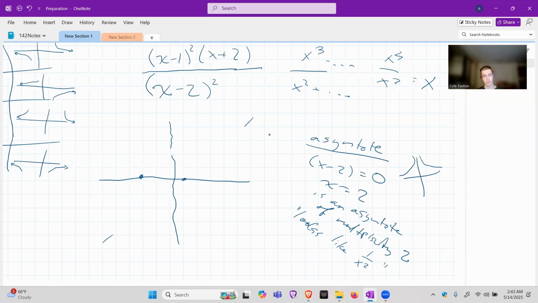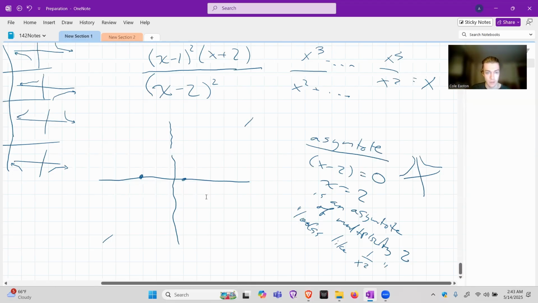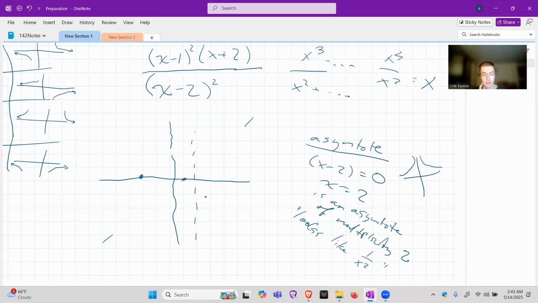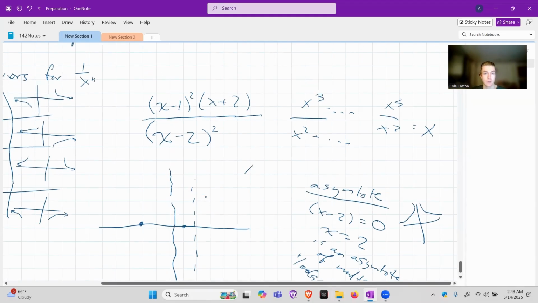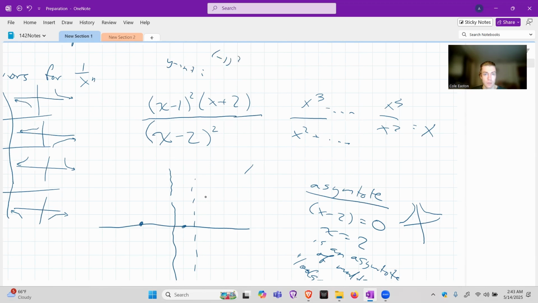So x equals 2, we're going to draw kind of a dotted line here. And okay, then let's do the y-intercept. So y-intercept is going to give me negative 1 squared times 2 over negative 2 squared. Sorry, this is a little slanted. So that's going to give me 2 over 4. So that's 1/2. Okay. So y-intercept is here.